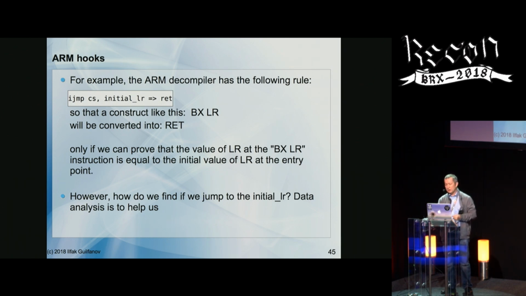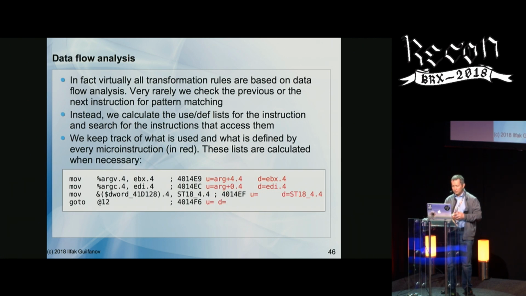So we use data analysis to prove that the LR is the same as the initial value. If you talk about data flow analysis, we use it extensively. In fact, internally, the decompiler is based on data flow analysis pretty much, I would say, everywhere.